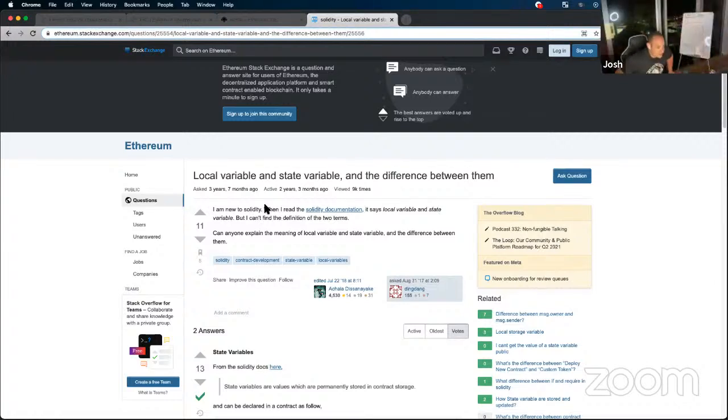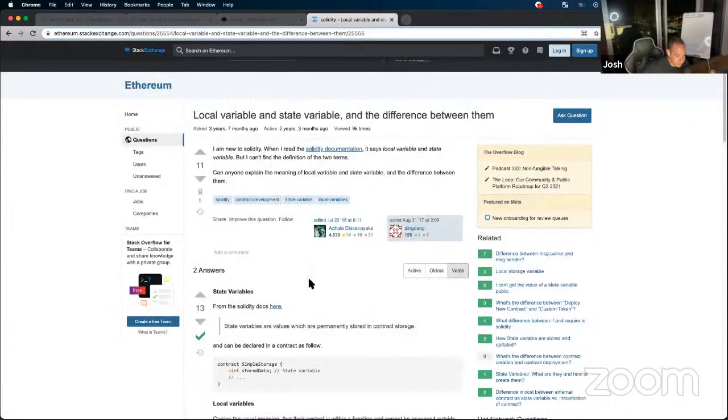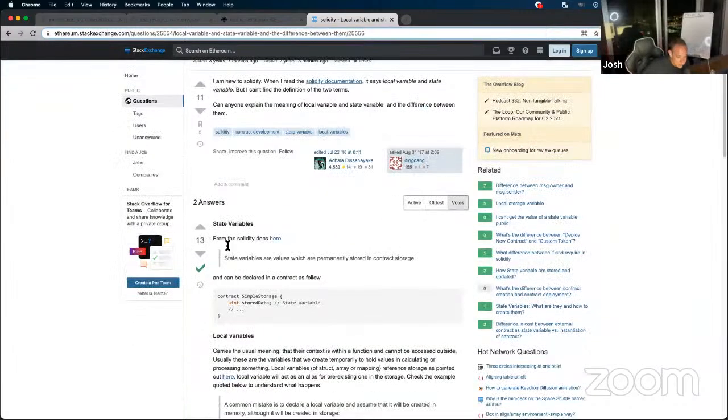All right, so let's see. Local variables and state variables, the difference between them. Solidity docs here, let's actually grab the docs. State variables are values which are permanently stored in the contract storage, which means basically they're permanent. They're in the contract storage. And also, from my understanding, they can be accessed elsewhere.